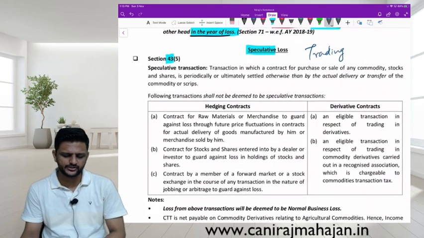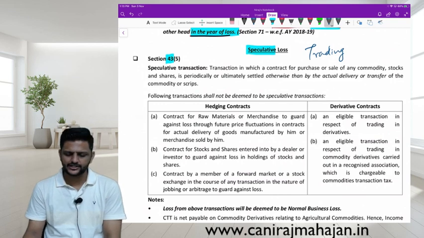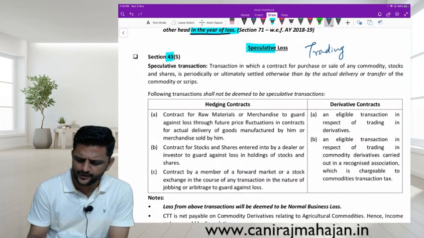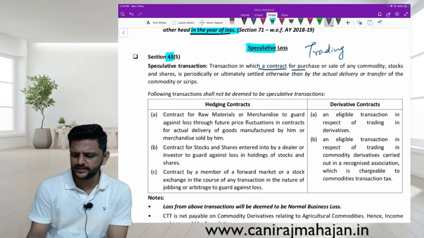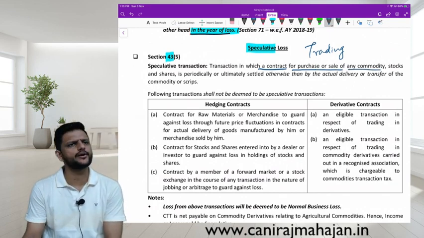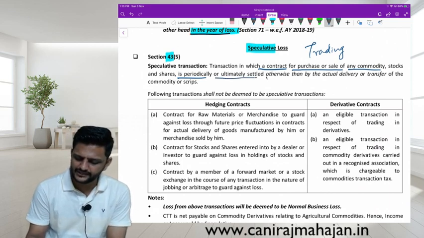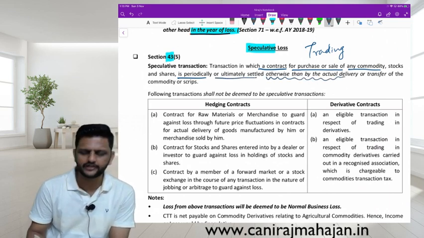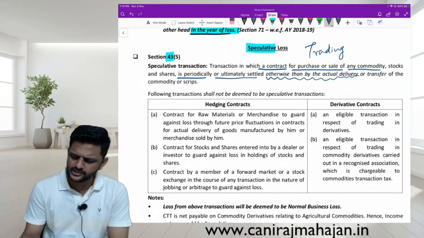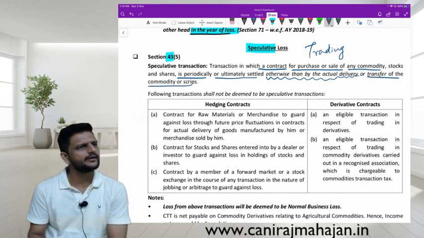Very important. Now pay attention. A speculative transaction is one in which a contract for purchase or sale of any commodity, stocks and shares is periodically or ultimately settled otherwise than by the actual delivery or transfer of the commodity or scrips.